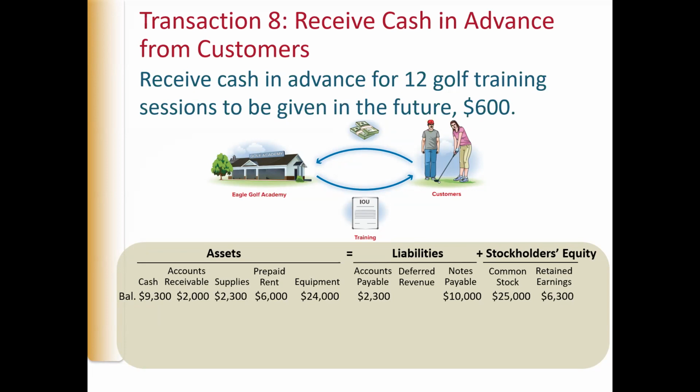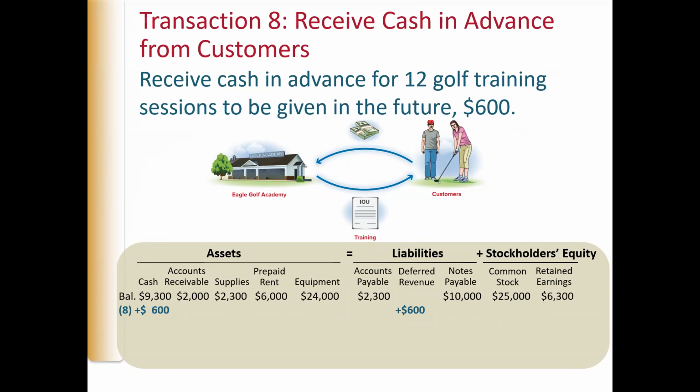But in this case, listen to what happens. We receive cash in advance for 12 golf training sessions to be given in the future. So we receive $600. Our cash increased $600. But guys, this isn't revenue because we didn't earn it yet.